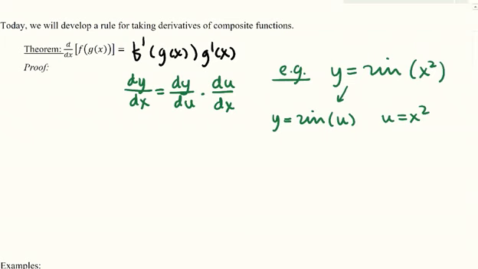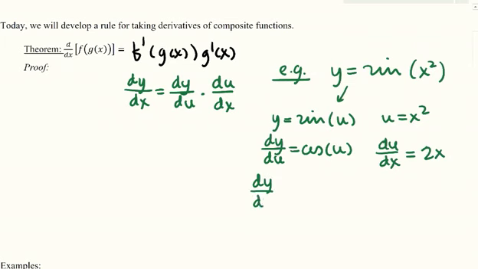So dy du is just going to be the derivative of this thing with respect to u, which is cosine of u. Du dx is equal to 2x. Therefore, we know that dy dx is dy du multiplied by du dx. So that is cosine of u times du dx, and u was x squared.